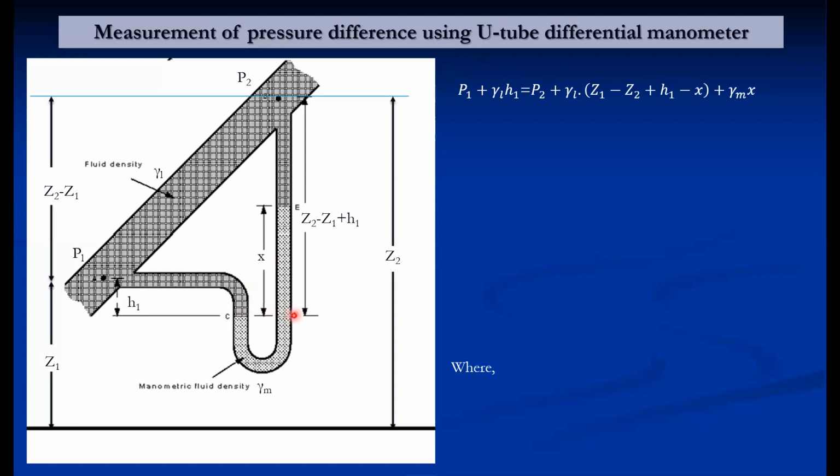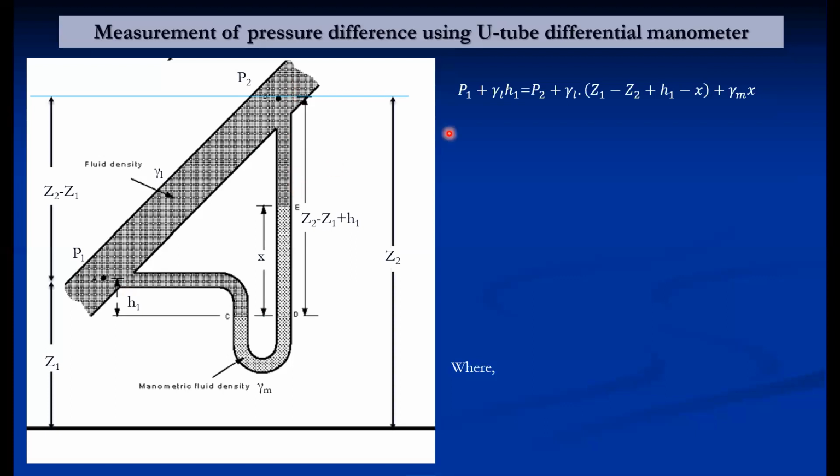Then the total pressure exerted on the right limb, under equilibrium condition, is the pressure exerted by the flowing fluid, that is P2, plus the pressure exerted by this column of the flowing fluid.